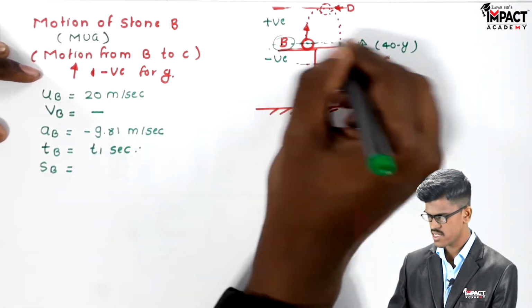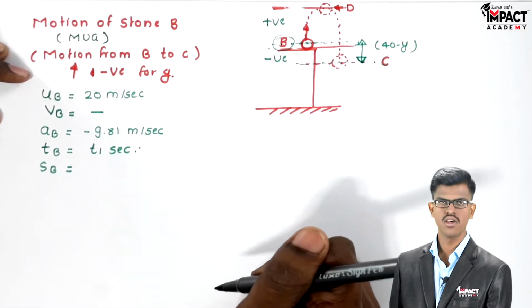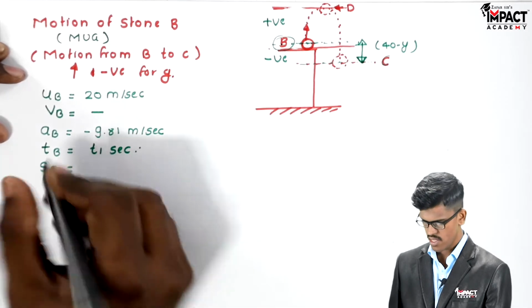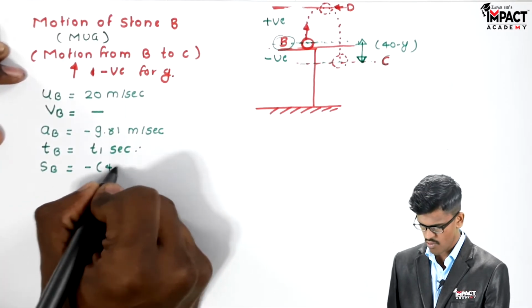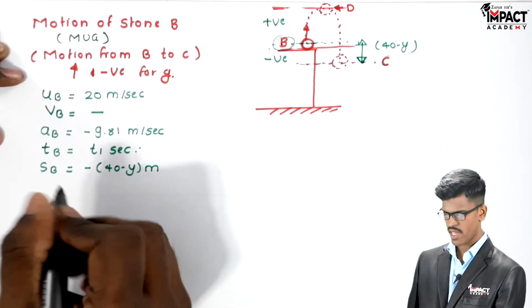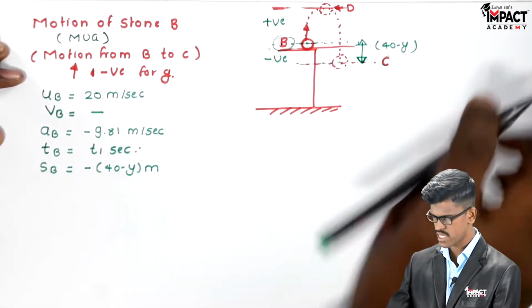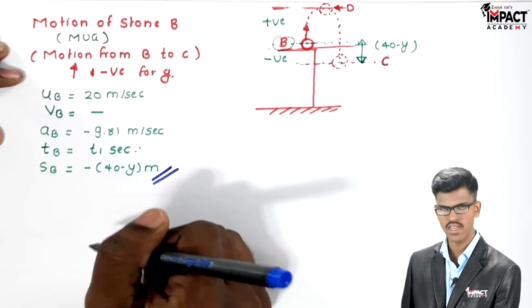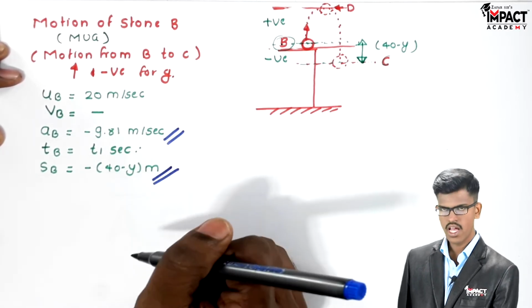Okay, and this displacement is below the initial position of B, so we have to consider a negative value of 40 minus y meter. Here we consider two sign conventions: one for the displacement and second for the acceleration.